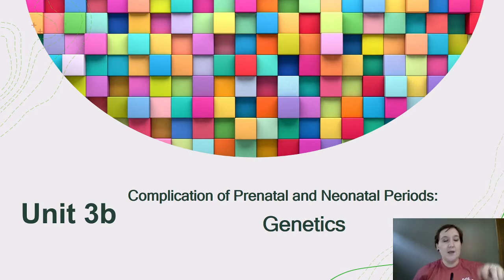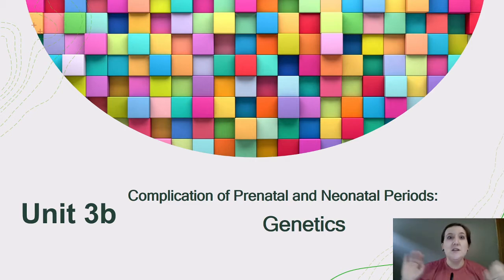Okay? 3B focuses on genetic issues because it can kind of cross-span between mom and baby. And then Unit 3C, I tend to get a little passionate about, and that's just because babies are my deal. And that one talks more about the complications that can occur for our neonates.